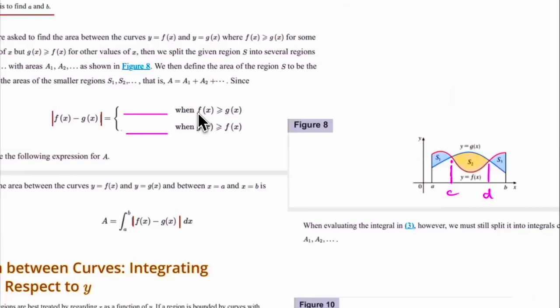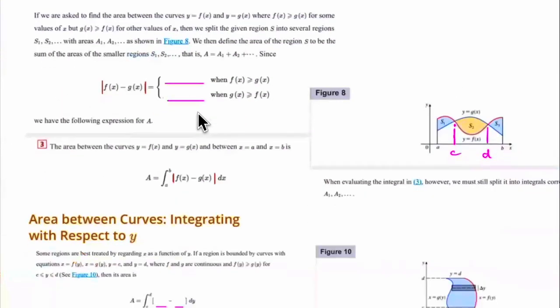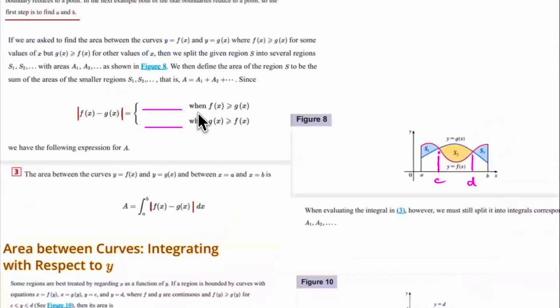Then the area between the two curves is the integral of the absolute value of the difference of the two functions, f minus g. And you break this into the sum of integrals.